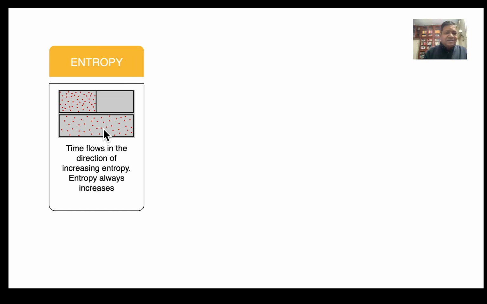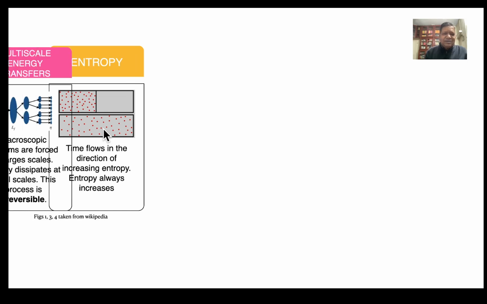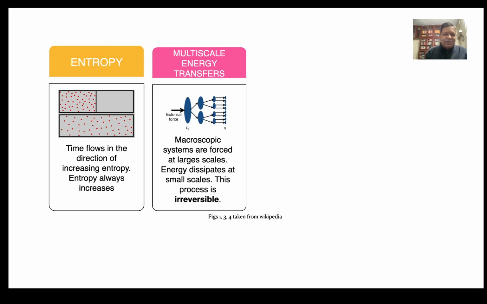But there are systems where entropy is not very well defined, the Boltzmann entropy, for example, earthquakes or turbulence or human body. So for such systems, it was proposed that we can use energy transfers. In generic macroscopic systems like earthquakes or turbulence or the Earth atmosphere, these systems are forced at large scales.